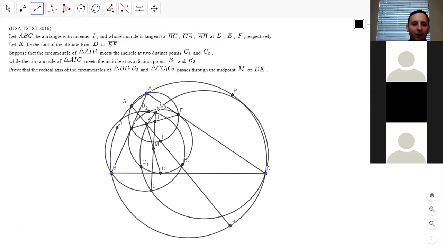Oh yeah, no, that's kind of just equivalent, yeah. Because that would mean it has the same power with respect to both circles. Okay, so how do we show that?